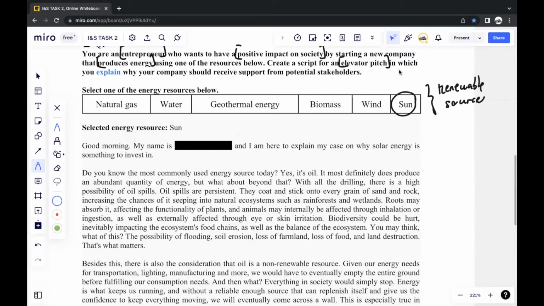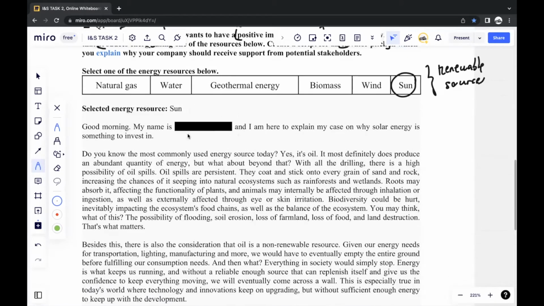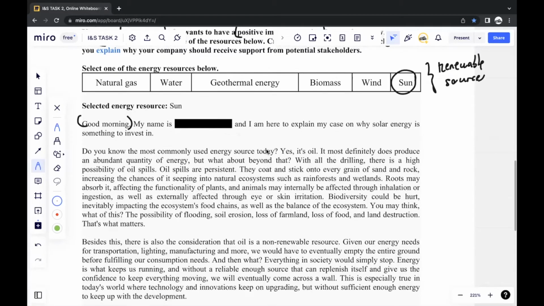Starting off with the first paragraph, this format is based entirely off of an elevator pitch. So you start off with an introduction, good morning, anything, and introduce yourself, what's your name, and why you are giving this elevator speech.